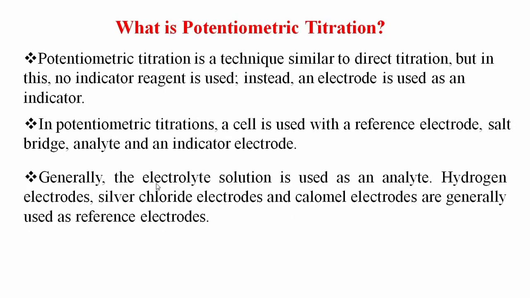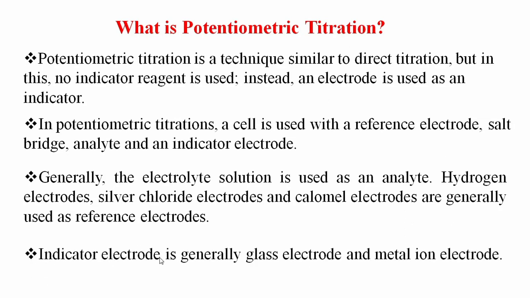Generally, the electrolyte solution is used as the analyte. Hydrogen electrode, silver chloride electrode, and calomel electrodes are generally used as reference electrodes. The indicator electrode is generally a glass electrode or a metal ion electrode.